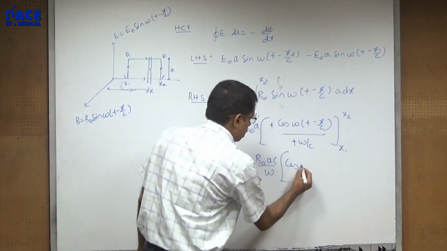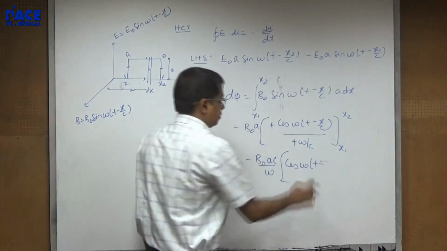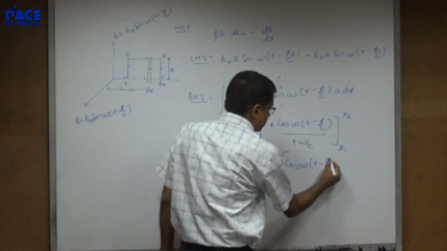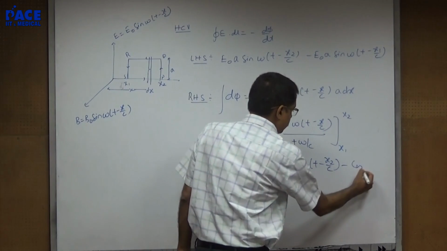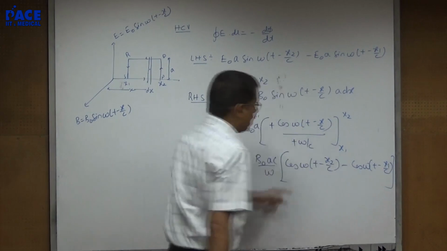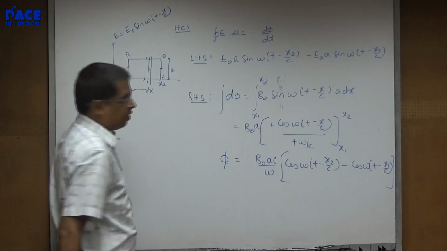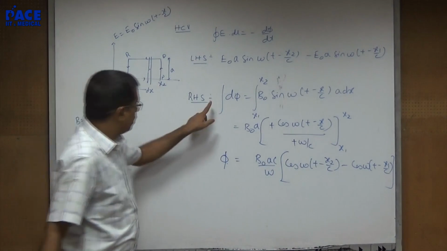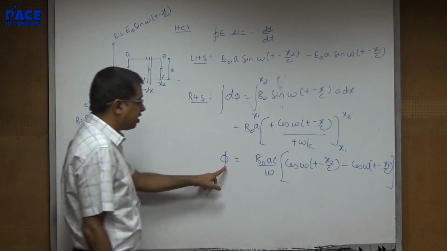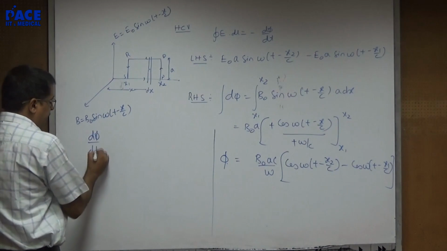Now cos omega, x2 by c minus cos omega t minus x1 by c. I substituted the upper limit minus the lower limit. This is the total flux. But to complete the simplification of the RHS, I should now differentiate the flux with respect to time. d phi by dt.